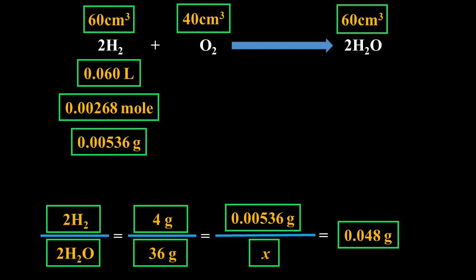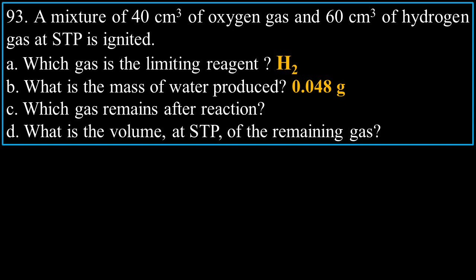How much did I actually need of that oxygen and how much is left over? That's the next step in this problem. There's the 0.048 grams of water produced, and I know that oxygen remains after the reaction, and I need to know the volume.